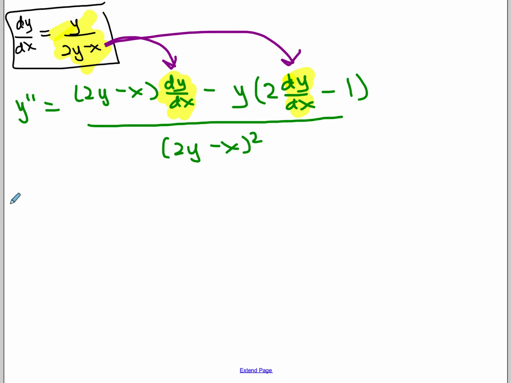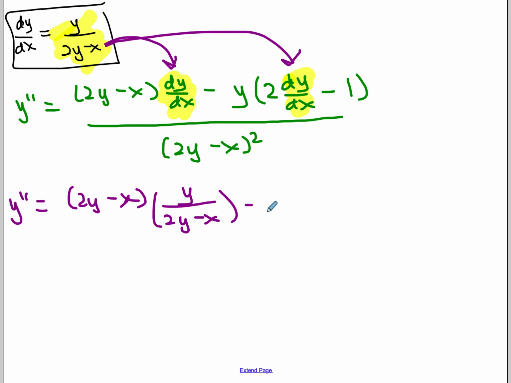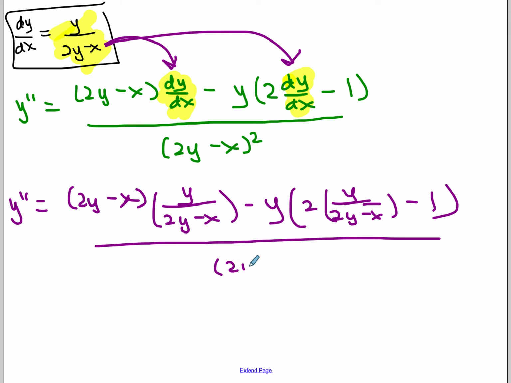Okay, so y double prime equals 2y minus x times, now I'm rewriting what dy/dx is, y over 2y minus x, minus y times, plugging in what my dy/dx is, 2 times y over 2y minus x minus 1, all over your 2y minus x squared.